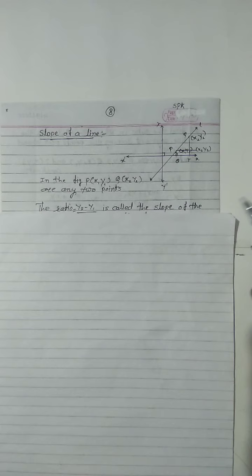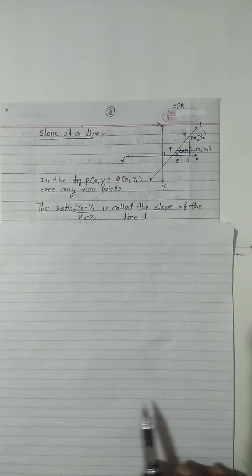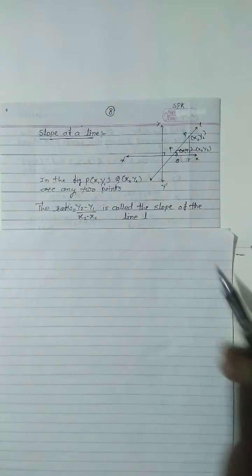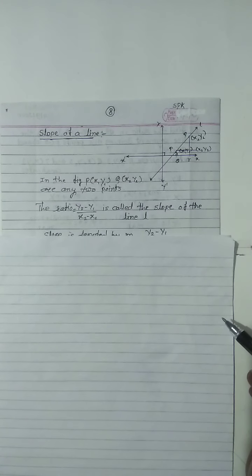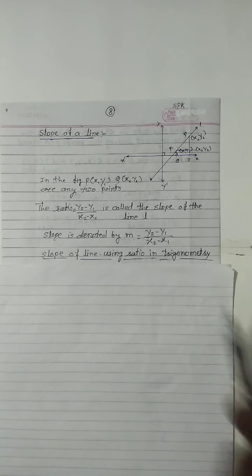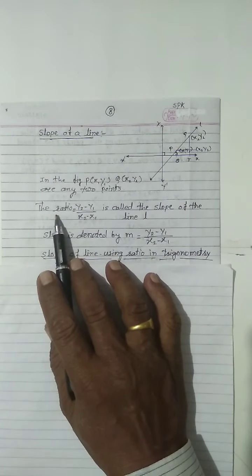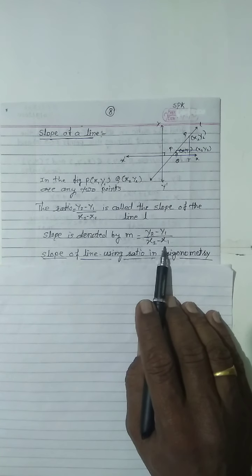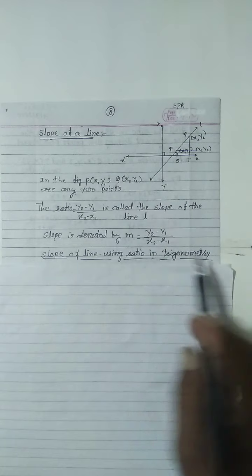Then we can find out the slope of line L. The ratio y2 minus y1 divided by x2 minus x1 is called the slope of the line L. Slope is denoted by m. So we can write this ratio: m equal to y2 minus y1 divided by x2 minus x1.